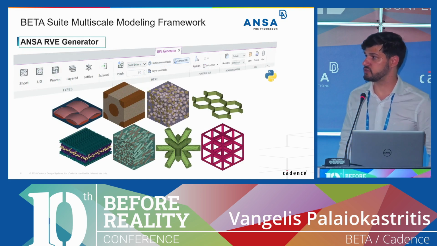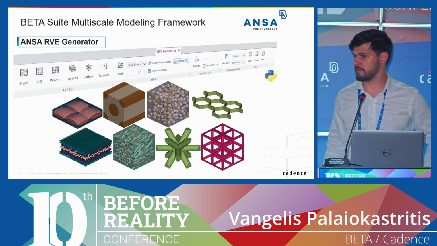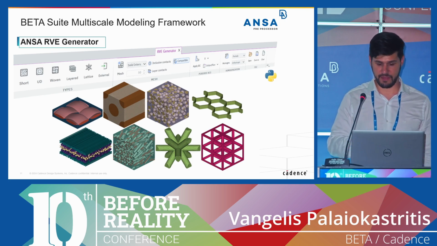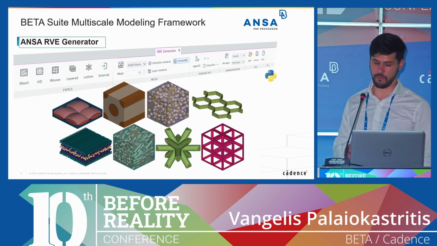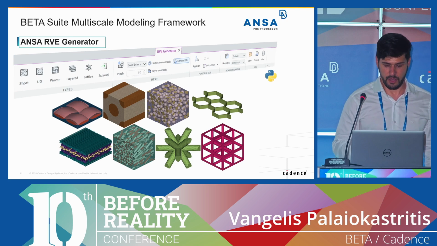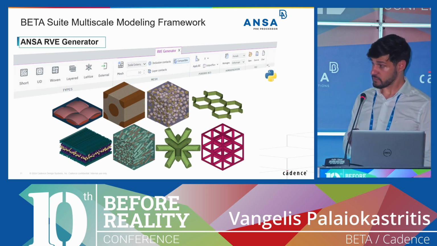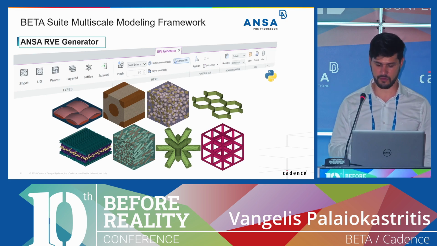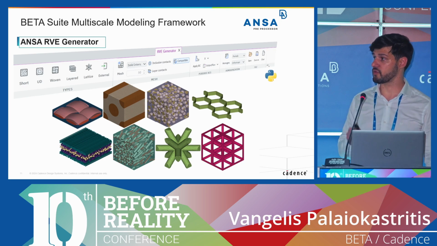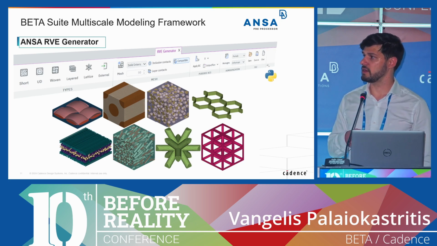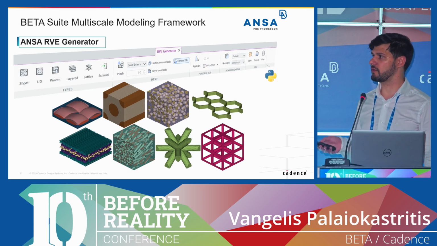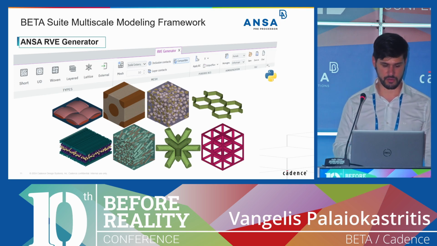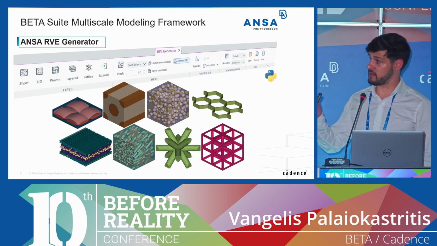Moving on to another approach for estimating homogenized composite properties, we have the RV generator that can be used for FE homogenization. So the tool can create different types of microstructures from short fiber, unidirectional, woven, layered, or even lattice structures and foam structures as RVs.